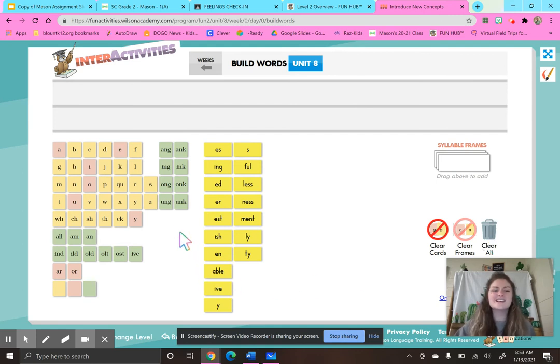So what says S? What says T? What says O? What says or? OR, but where do we hear or? It's at the end, so it is a vowel consonant E. Store.